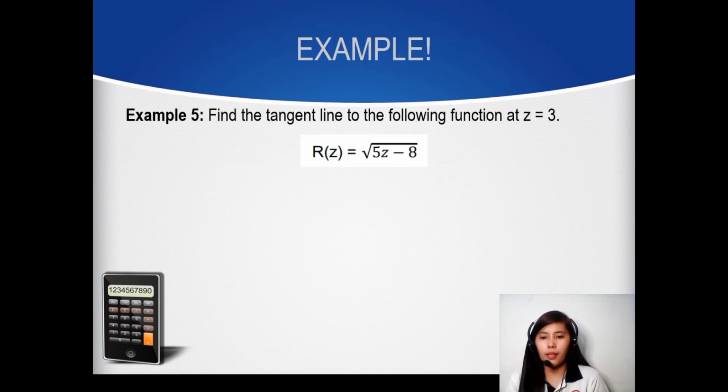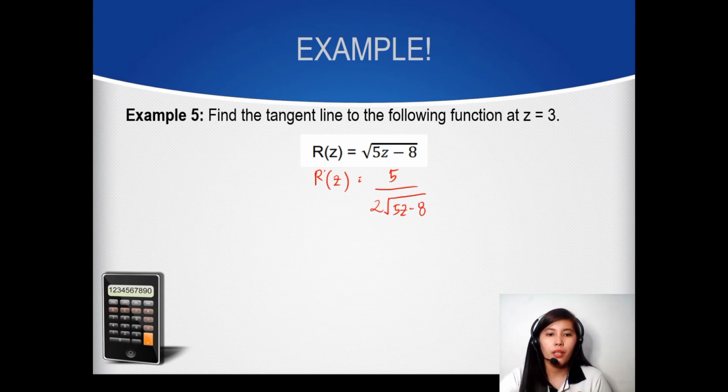Now let's apply that here. Find the tangent line to the following function at z is equal to 3. So r of z is equal to the square root of 5z minus 8. As you can see, this is one of the equations that we solved a while ago, and its derivative, r prime of z, is equal to 5 over 2 square root of 5z minus 8.